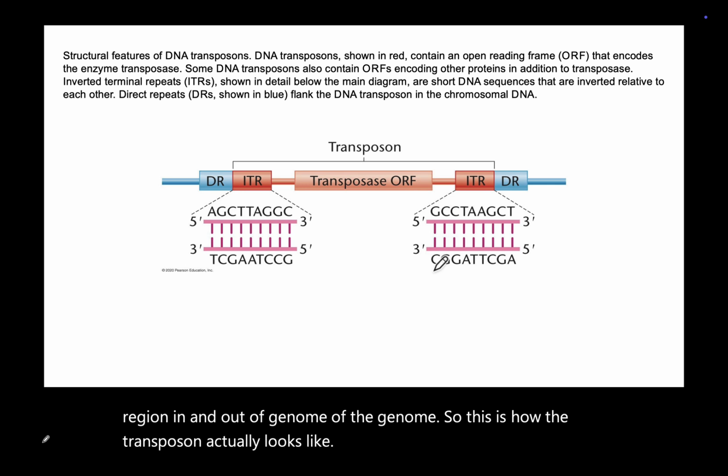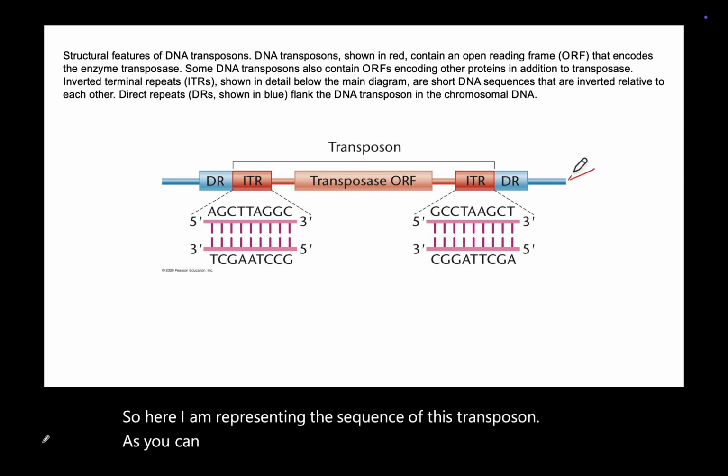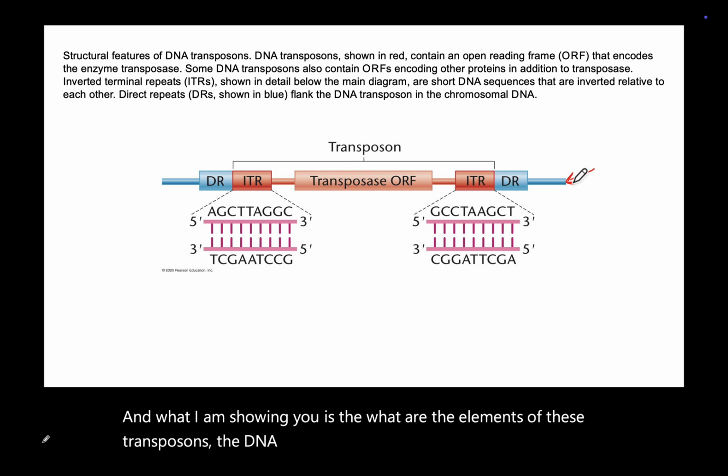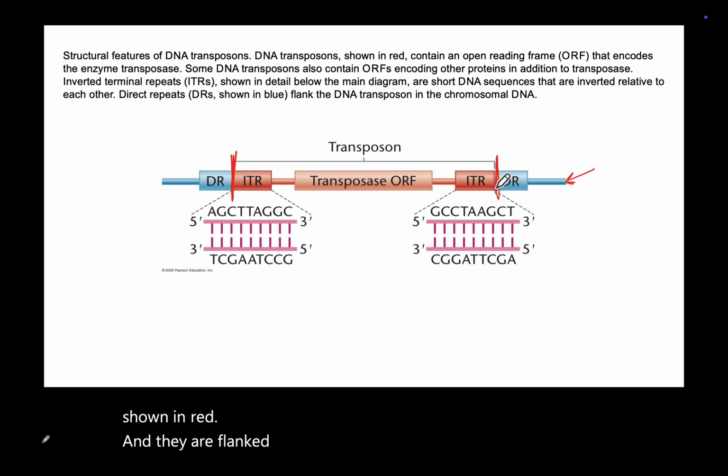So this is how the transposon actually looks. Here I am representing the sequence of this transposon. As you can imagine, this is our chromosome, and what I am showing you are the elements of these DNA transposons. The transposon here is shown in red, and it is flanked by these DR regions.